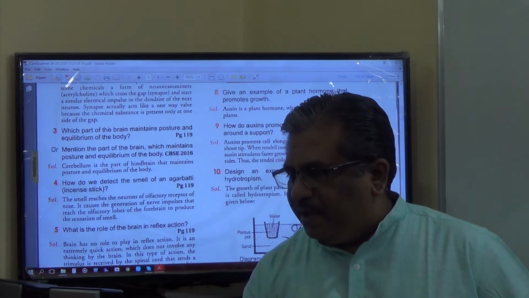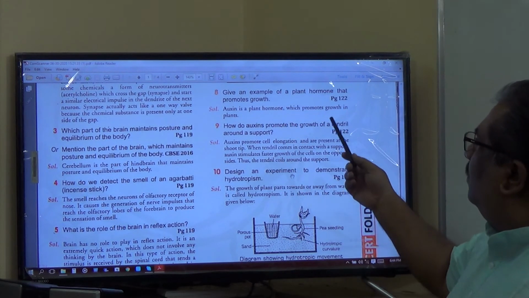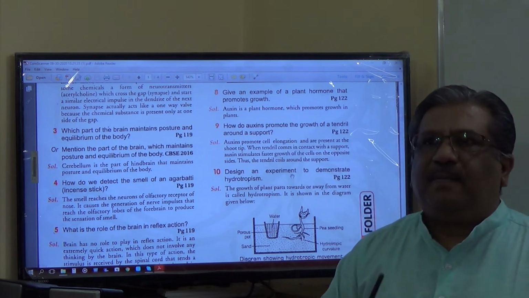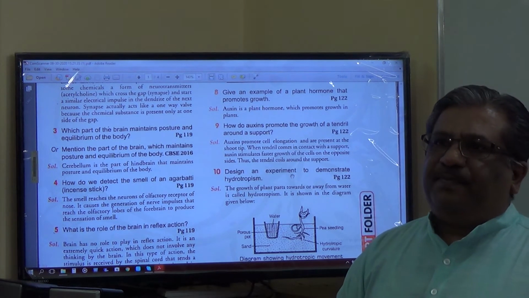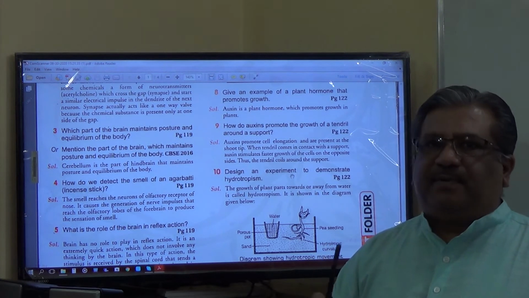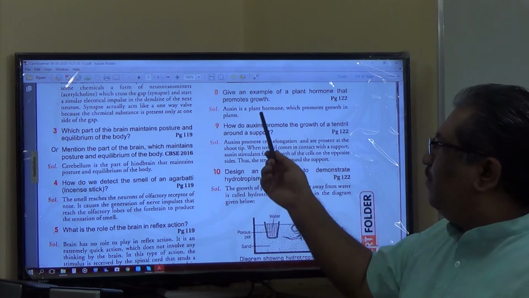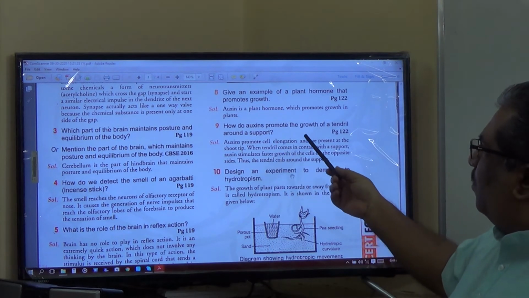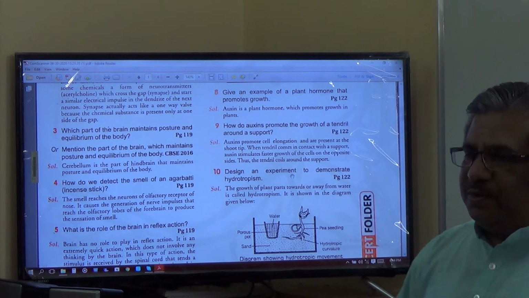Next is, give an example of a plant hormone that promotes growth. Auxin. Please remember, auxin is present in the growing tips of the shoots and tips of the roots, and that is responsible for growth. Next question, how do auxins promote the growth of a tendril around the support?